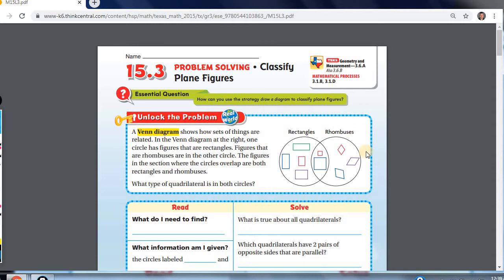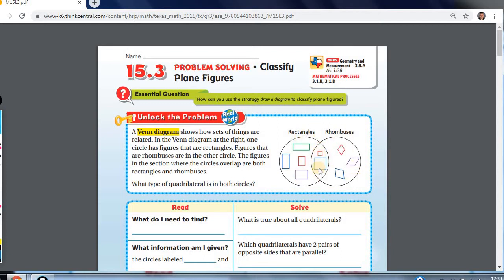So we're looking at a Venn diagram, and what a Venn diagram does, it shows how sets of things are related. So in the Venn diagram at the right, this one circle has figures that are rectangles. Okay, and this is the Venn diagram that we have. One circle has figures that are rectangles, and figures that are rhombuses are in the other circle. So rectangles, rhombuses.